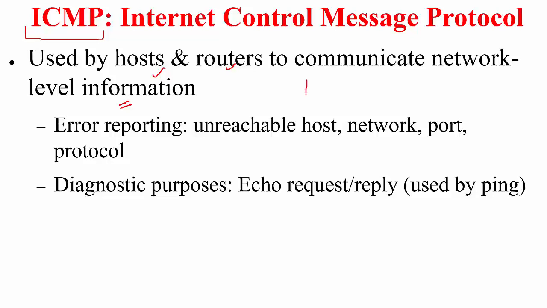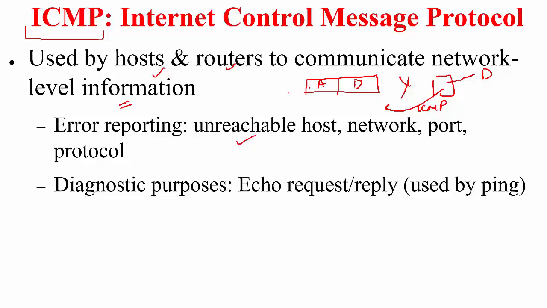So for example, you sent a packet out at the network layer, this is the source IP, this is the destination IP, and somehow the network was not able to deliver this packet, maybe because the host is not reachable, in which case the router that is serving this host D, if it is not able to deliver, will send back an ICMP error report to A telling unreachable host.